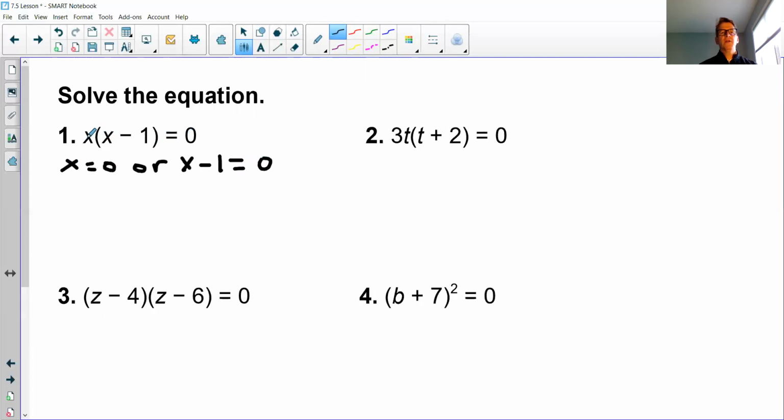You're taking two numbers and multiplying them together, and one of them has to be equal to 0. So you already have one root as 0. Add 1, and you have x is equal to 1. So your answer for number 1 would be x equals 1, x equals 0.